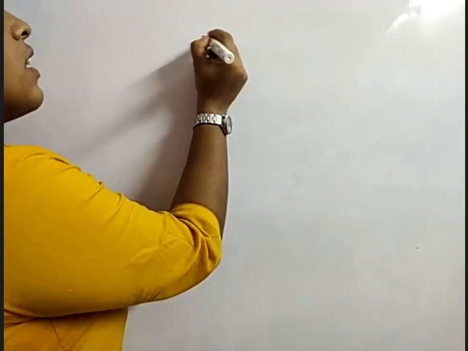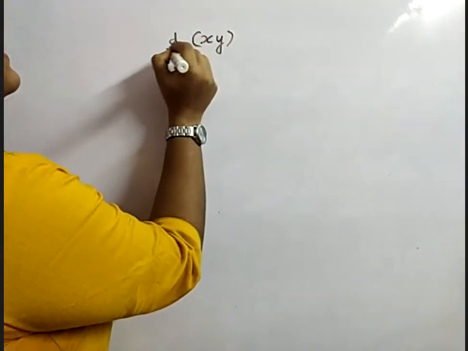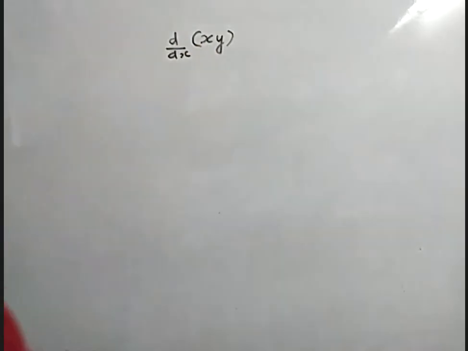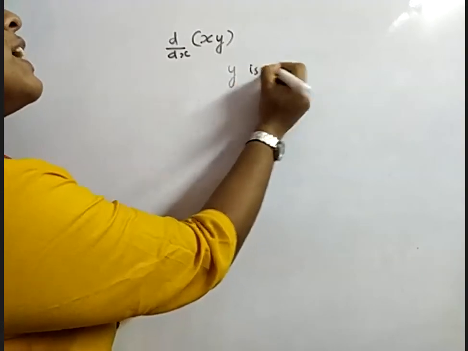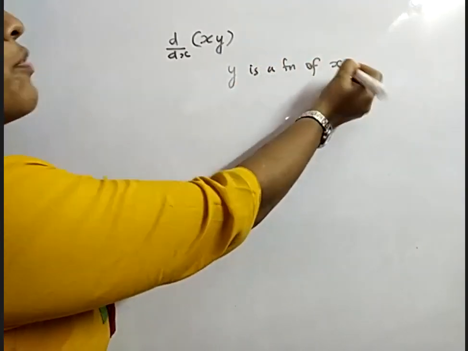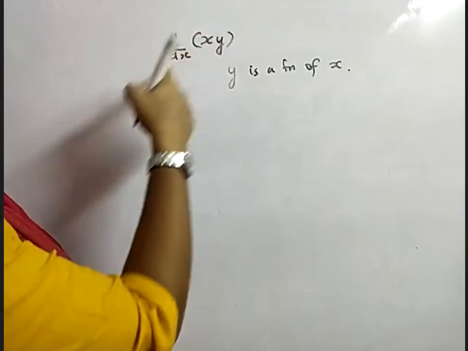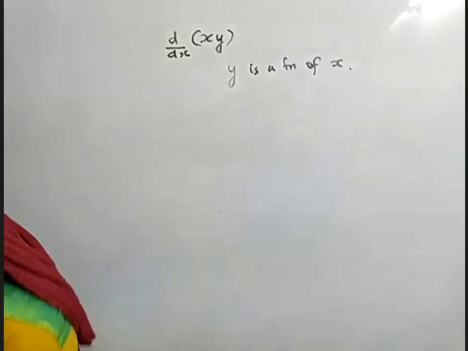How can we take the derivative of xy? d by dx of xy, where y is a function of x.